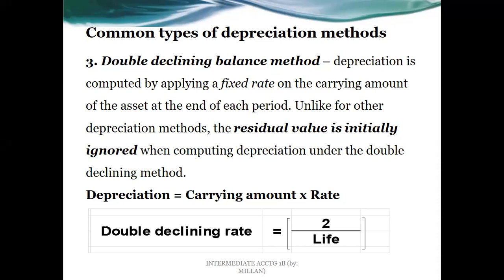Remember, in our general rule, the formula for computing our depreciation is basically our depreciable amount, and then we apply whatever method that is. But for double declining balance method, it would be the carrying amount that is to be utilized.